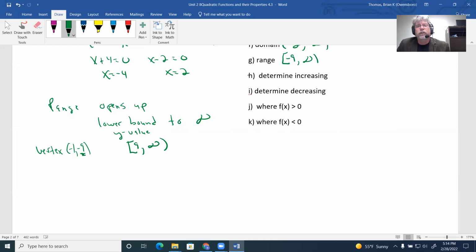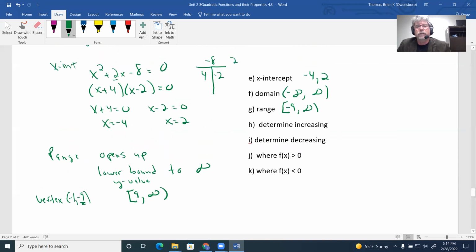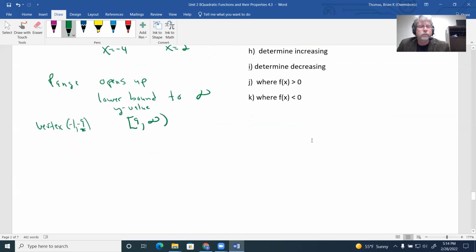So where's the graph increasing and decreasing? Well, we would actually have to graph this to get a better understanding of that. So let's see here. The graph has this point, -1, -9.